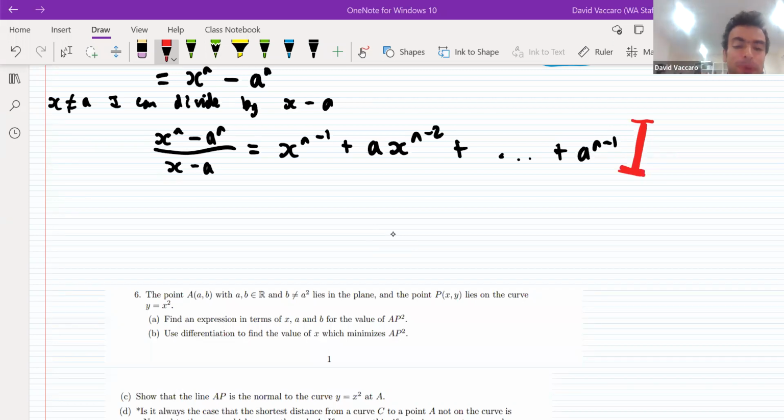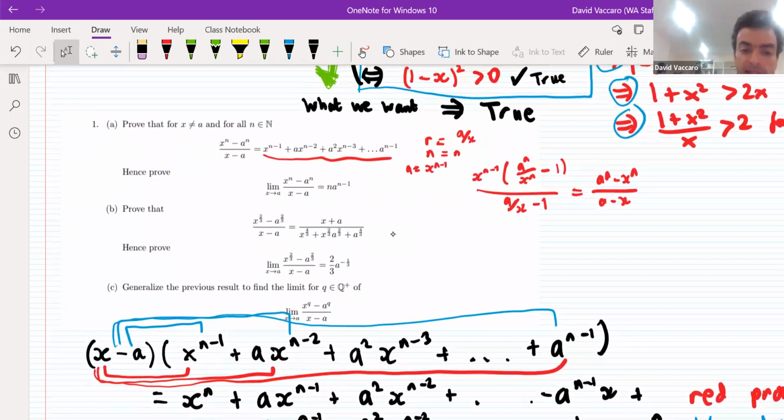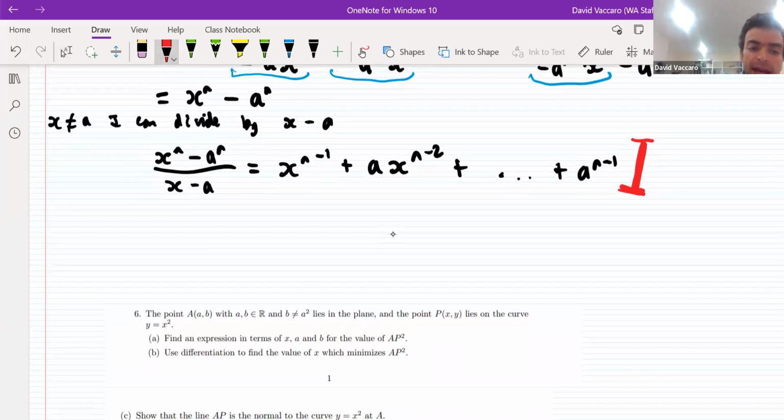Yeah, so someone's looked back at the question and looked at part B, which invites us to think about what happens as x goes to a. Now, what happens as x goes to a on the left-hand side?